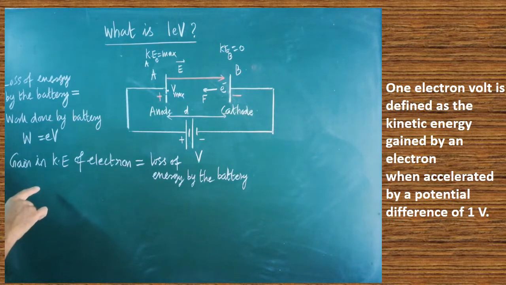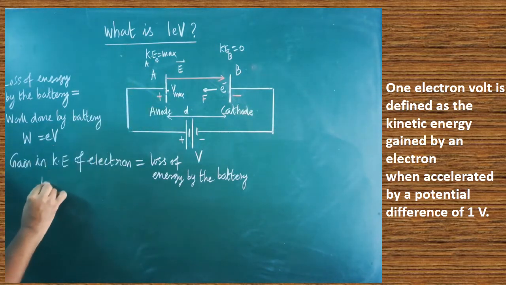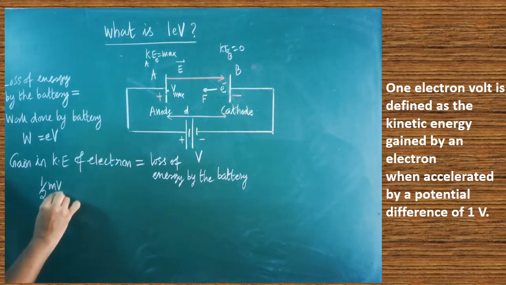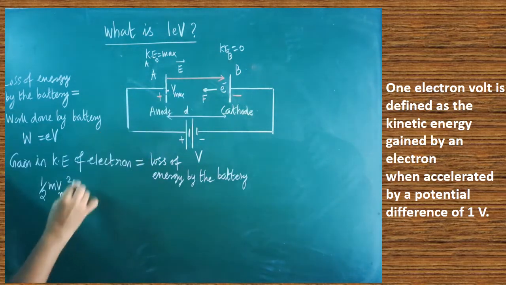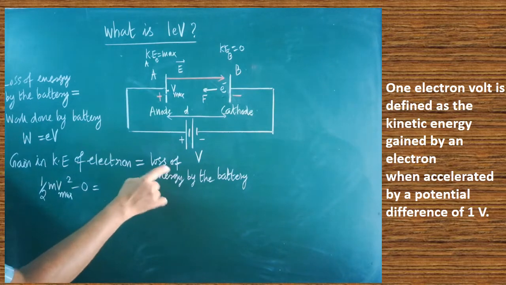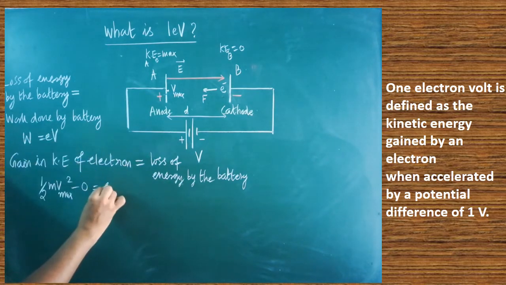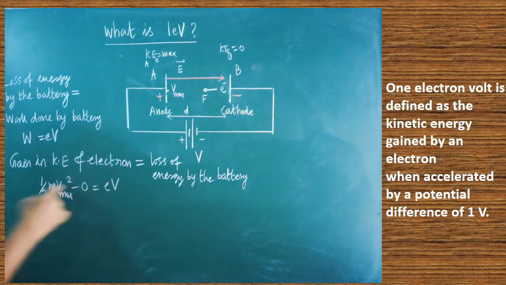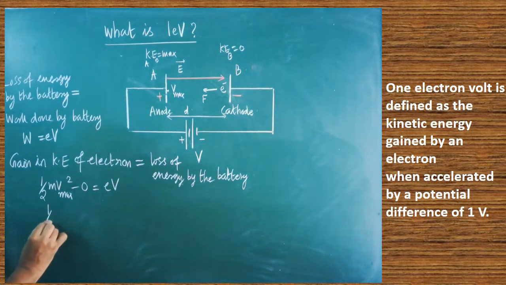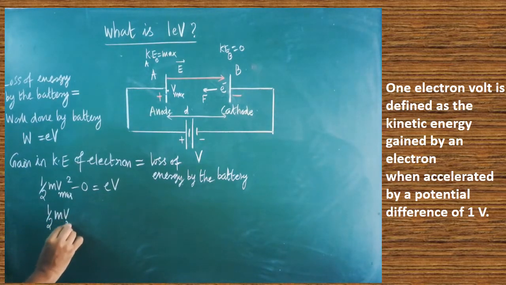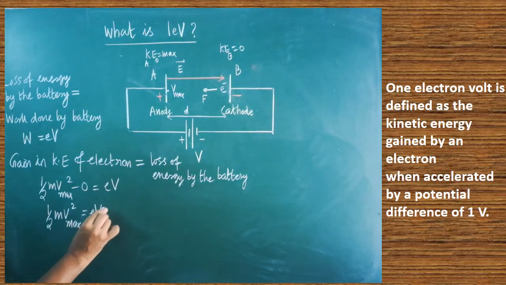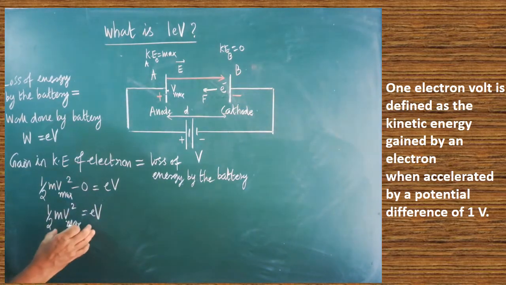Final kinetic energy of the electron is half m v max square, minus initial kinetic energy, which is 0. Loss of energy by the battery is eV. Therefore, after getting this final equation, you can write half m v max square is equivalent to eV. This is a very important equation.